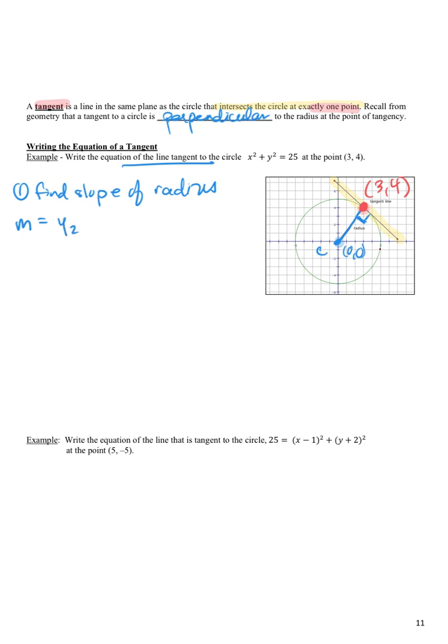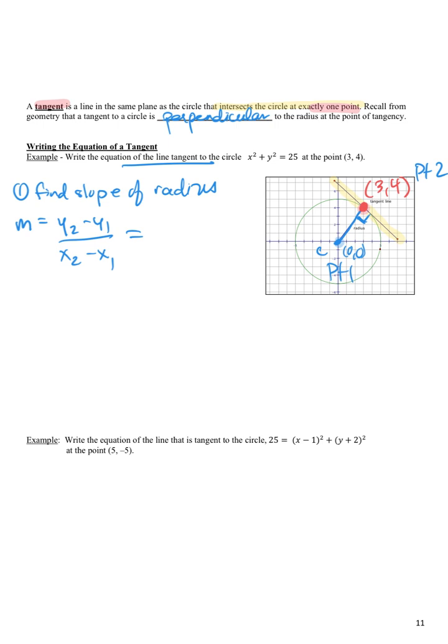I'm going to have y2 minus y1, the change in y over the change in x. Again, it doesn't matter which one you're calling point 1 and which one you're calling point 2, but you do have to keep track of that. So let's call this point 2 and this point 1, and substitute into the slope formula. What do I get?